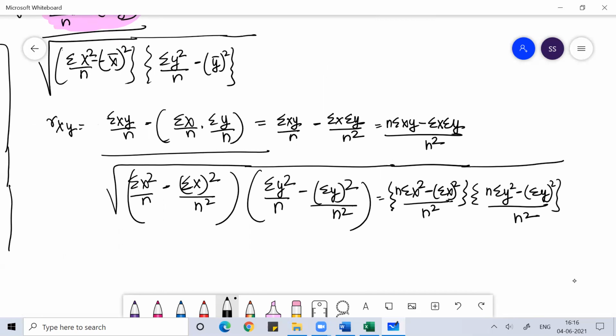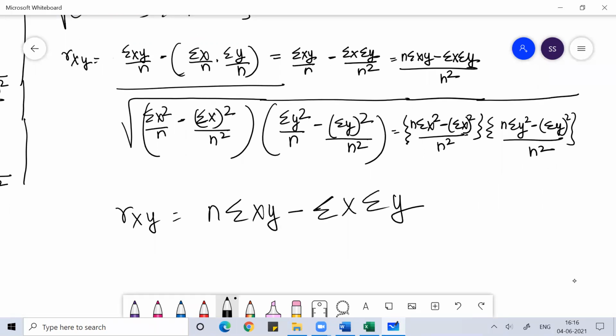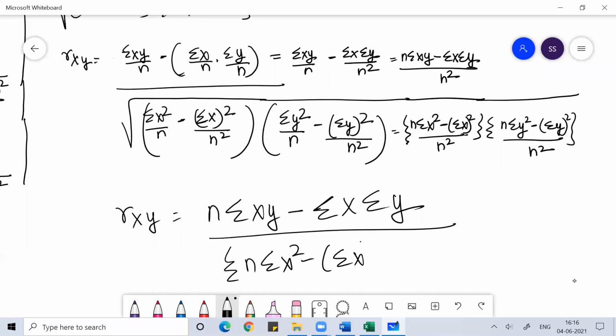If you understand, then you can write the same thing. r of xy is equal to n summation of xy minus summation of x into summation of y, divided by under root of n summation of x square minus (summation of x) whole square into n summation of y square minus (summation of y) whole square.